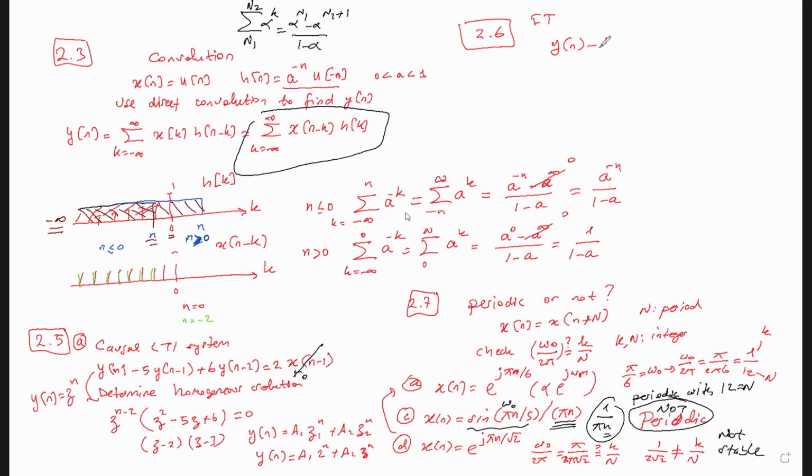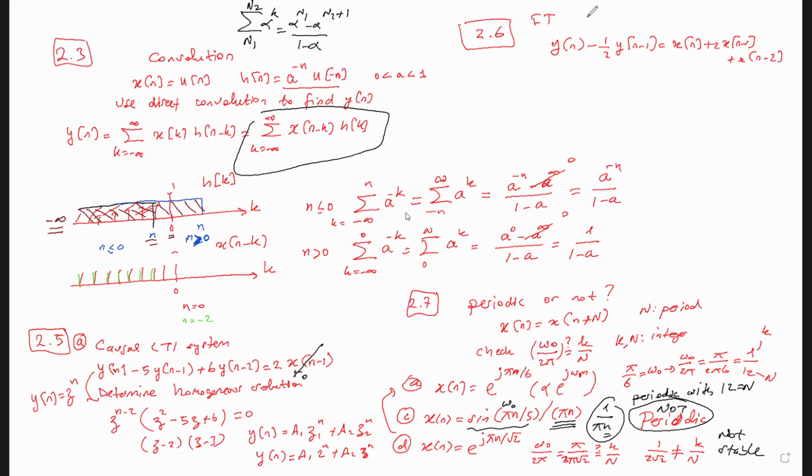and y of n minus 1 over 2 y of n minus 1 equals x of n plus 2 times x of n minus 1 plus x of n minus 2.